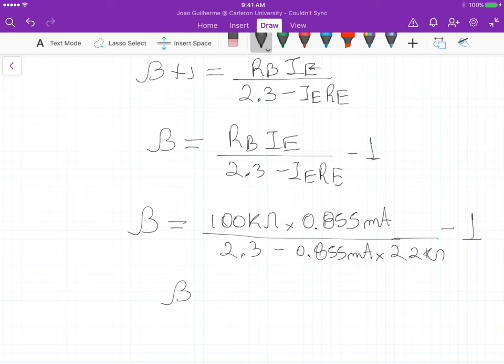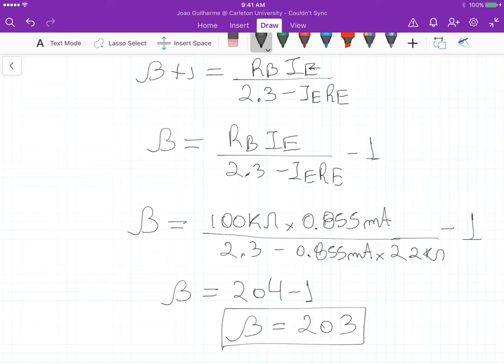So this gives us beta equal to 100, sorry, not 100, 204 minus 1, which gives us a beta of 203.